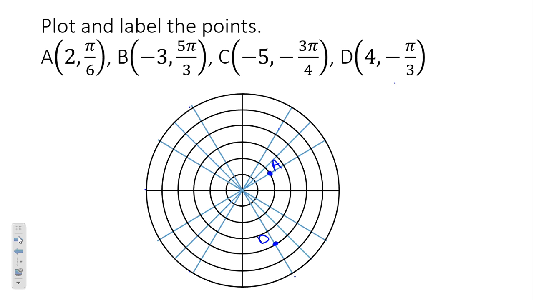We would be on the same line that D is on, right? But we can't come out in this direction because it's negative. So when it's negative 3, instead of pulling out in the way that you normally would, you have to go backwards, like sucking it in. So instead of being 1, 2, 3 out right here, it's going to be on the same line, 180 degrees removed, 1, 2, 3. So this is your point B. That was B that we were plotting.